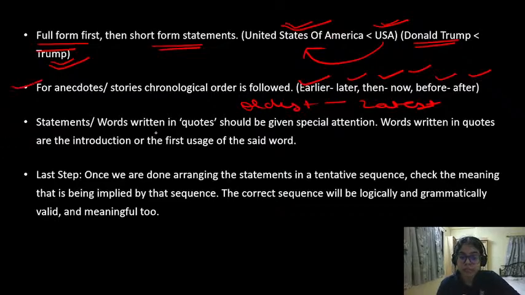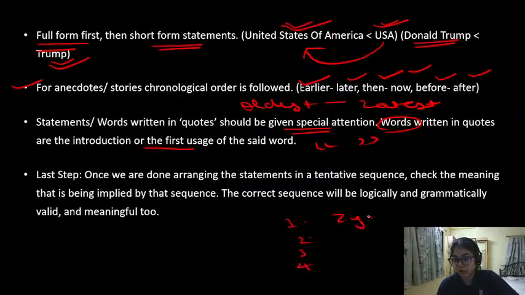Then statements and words written in quotes, okay, double inverted comma या quotes में है, should be given special attention. Words written in quotes are the introduction or the first usage of the said word. So if there are 4 statements explaining zygote, okay, let's say what is the definition of zygote, okay, what is the function of zygote and everything.